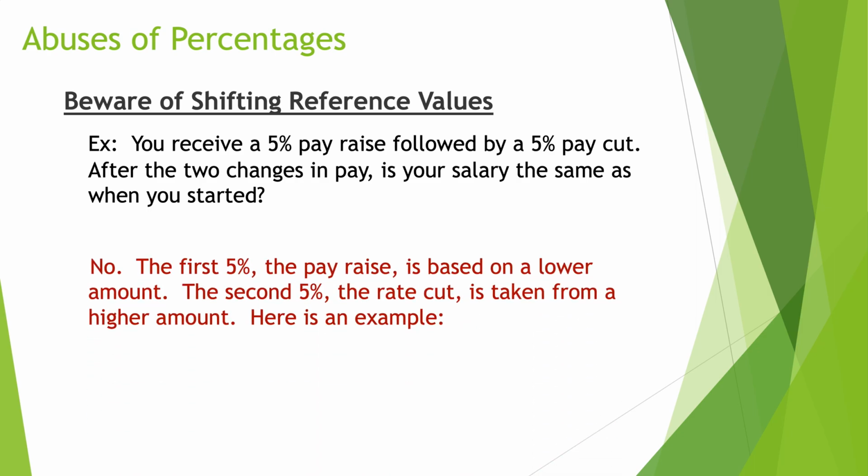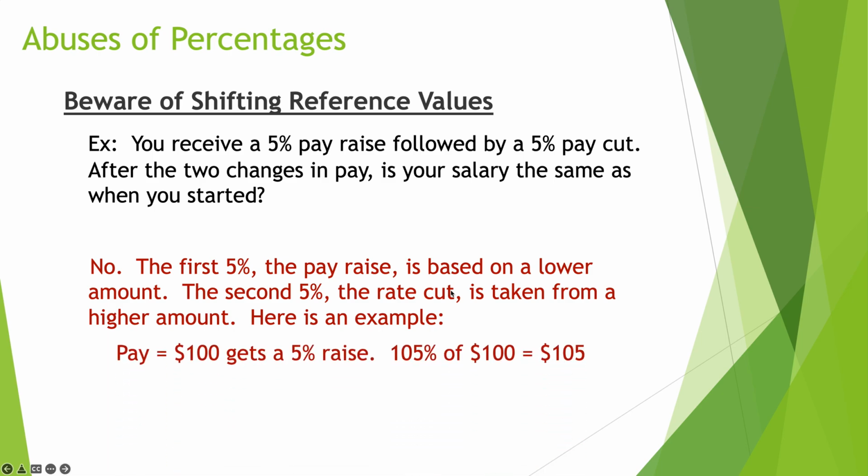If you go 5% up, the first 5%, the pay raise, is based only on the lower amount. But the second 5% cut is taken from a higher amount, the amount after the raise. Here's a very specific example. If you get paid $100 and you get a 5% raise, then 105% of $100 is $105. But then you get deducted 5%.